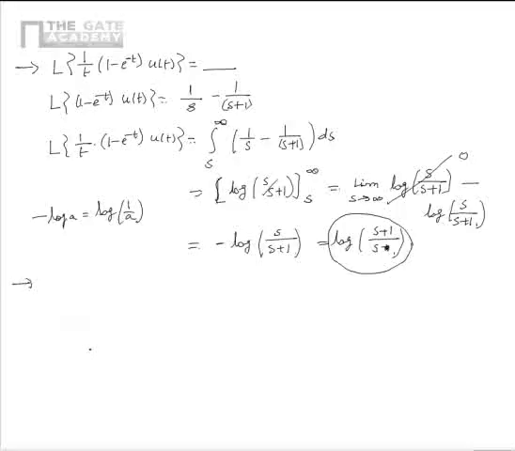Now let us look into another problem in which we need to find the Laplace transform of (cos(at) minus cos(bt)) divided by t, u(t).